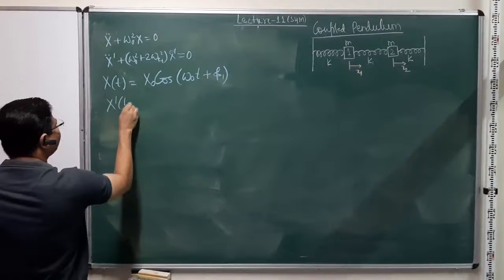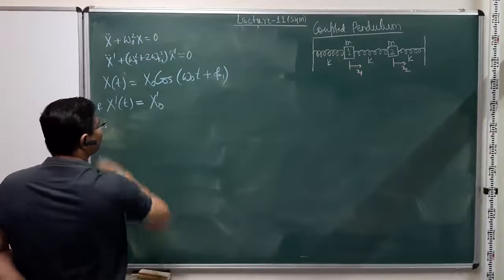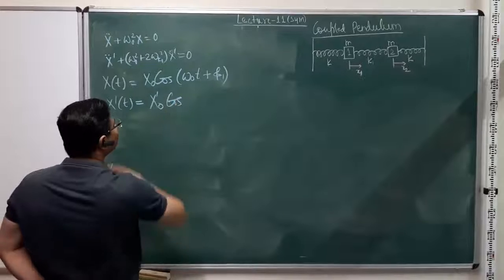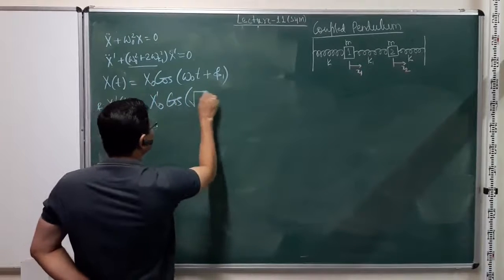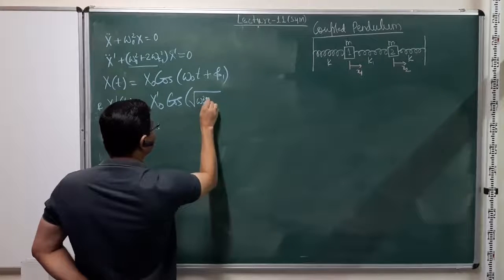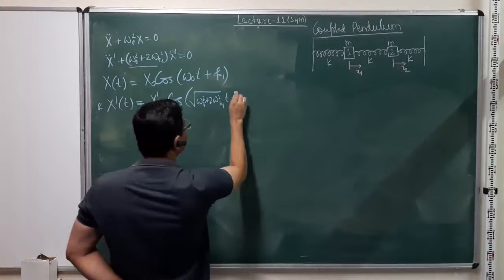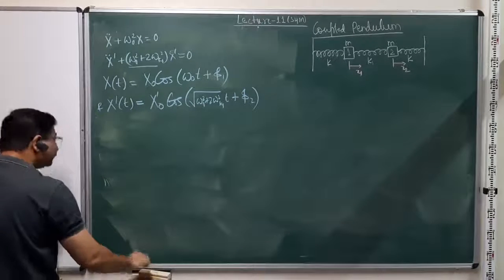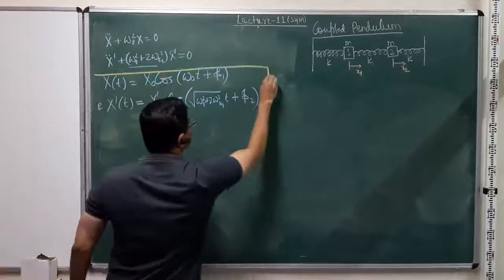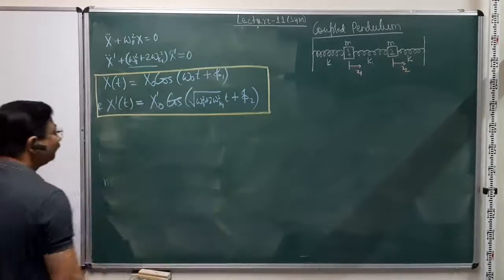Similarly, x prime of t will be x prime naught, the amplitude, cosine of the square root of omega naught square plus 2 omega k1 square, times t, plus phi 2. This is the general solution for these two variables.